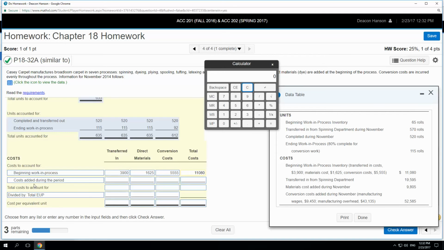Now cost added during the period, it's presented to us in a little bit of a different format here, because they break down those costs added in categories of transferred in. Okay, so that's $19,595.